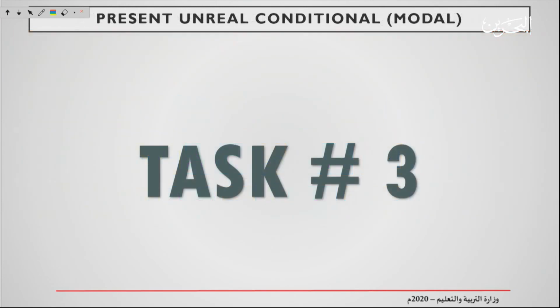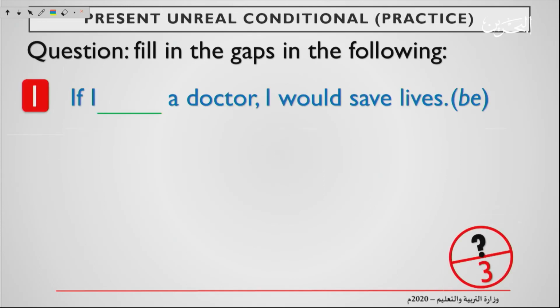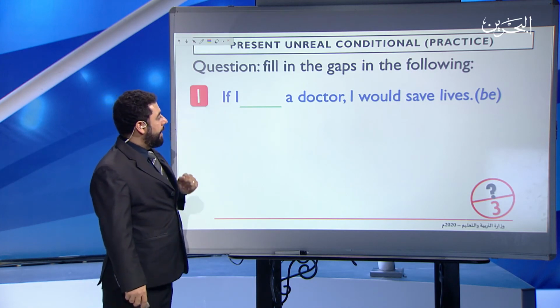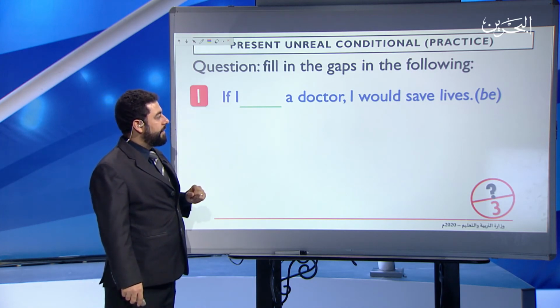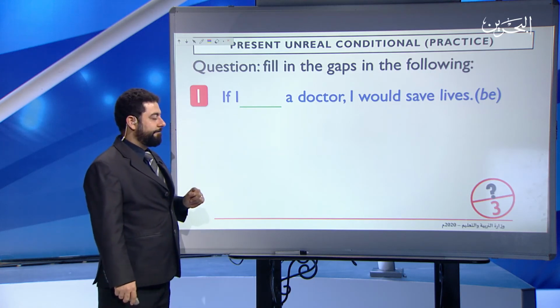Now, let's have a quick task. Fill in the gaps in the following, and you have a mark of 3. Number 1. If I gap a doctor, I would save lives. And you have to use the verb be between parentheses. You have 5 seconds.